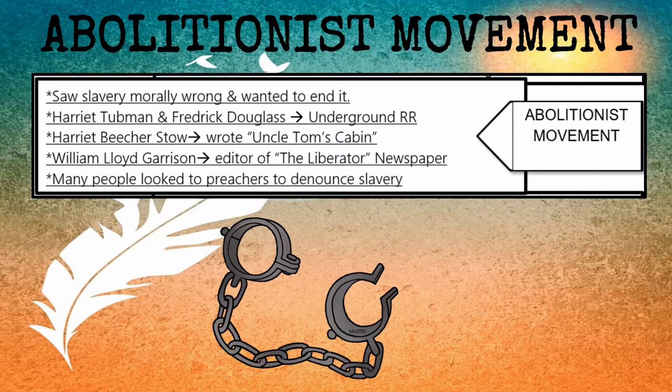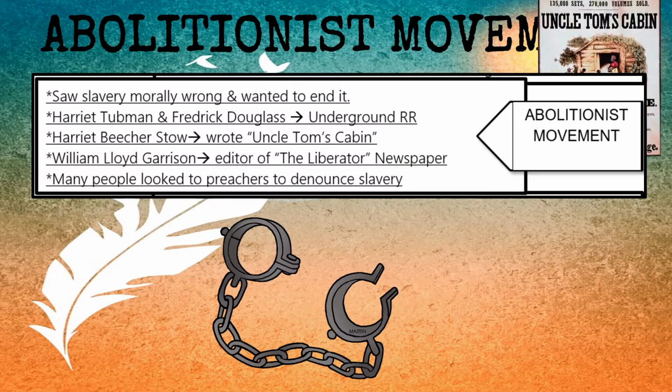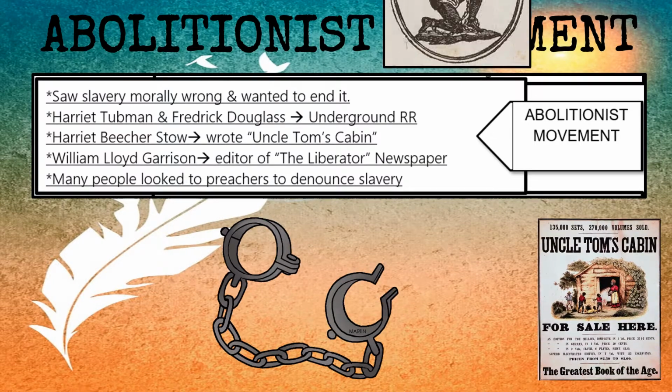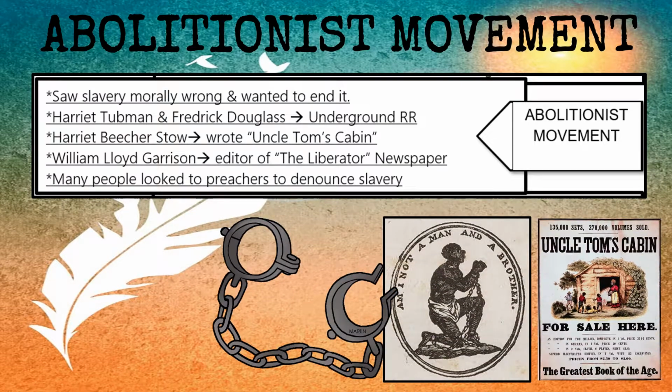Harriet Beecher Stowe is a white woman who wrote a book called Uncle Tom's Cabin, which depicted the evils of slavery. William Lloyd Garrison was an editor of a newspaper called The Liberator, and he was able to write, again, the evils of slavery within his newspaper. It's his. He can write it.